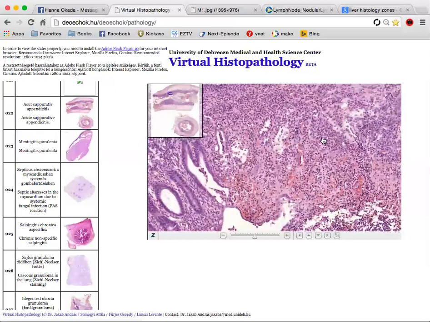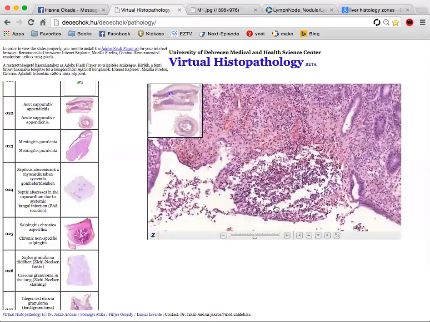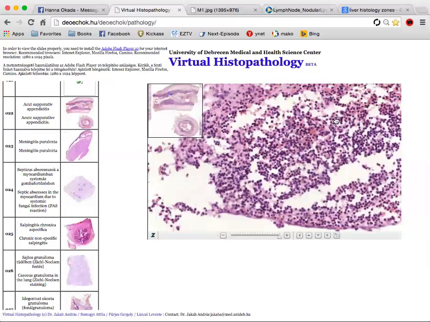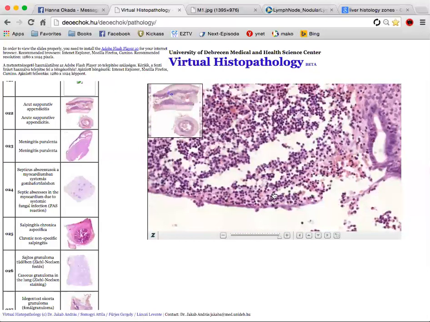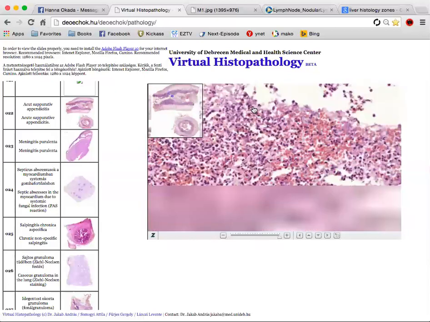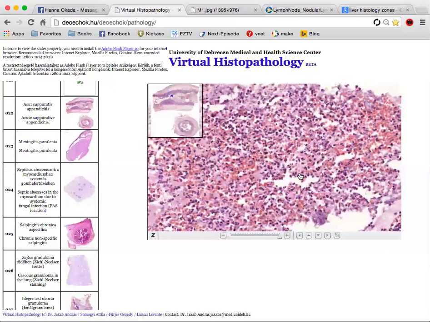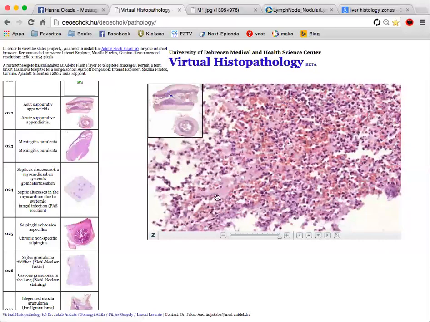There would normally be nice villi here, and now they're all sloughed off. So these are immune cells, red blood cells, tissue debris, and bacteria. The lumen, which should normally be clear, is just full of it. So this is all pus. If you remember, the pus contains bacteria, immune cells, and cell debris. So this is pus.